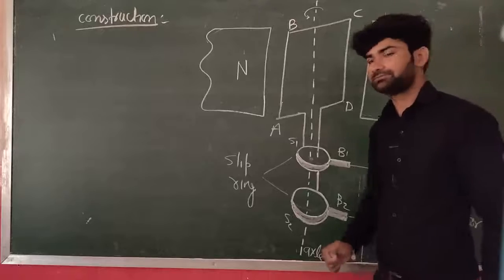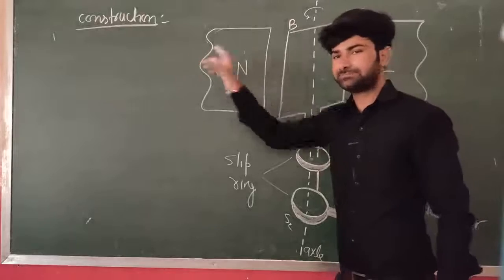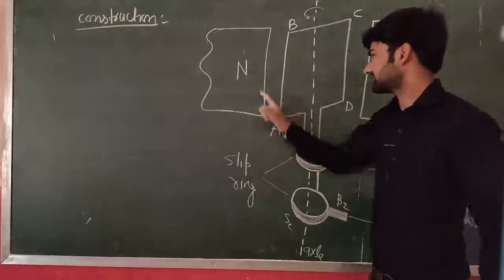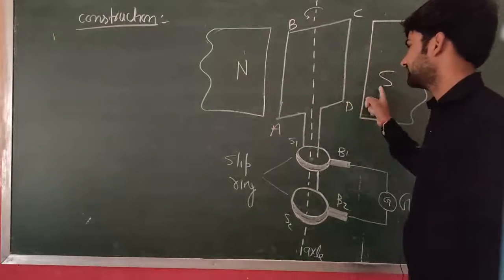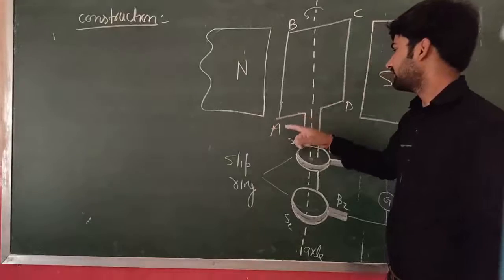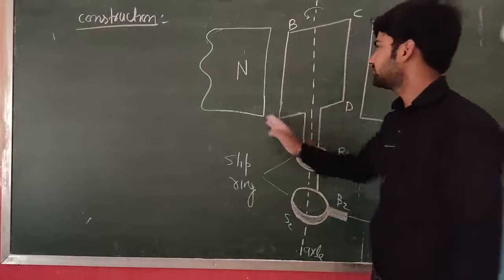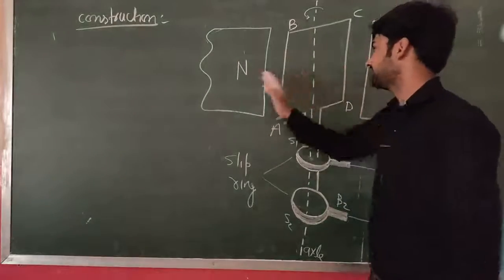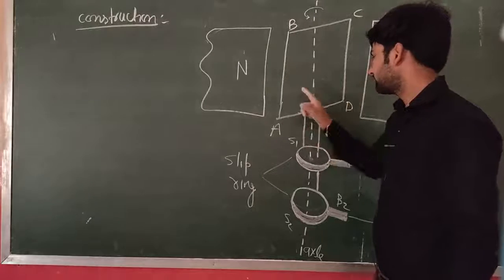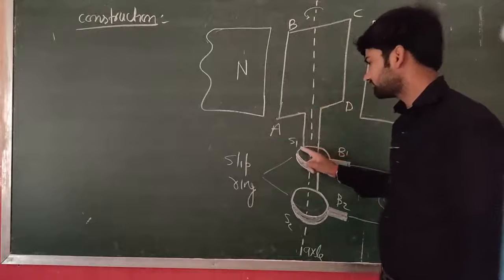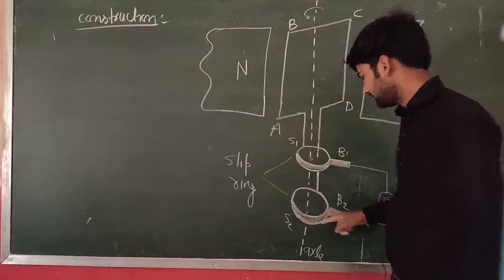Now its construction. This is the figure related to construction of AC generator. AC generator consists of two strong pole pieces of magnet N and S. A rectangular coil A, B, C, D of insulated copper wire is placed between strong pole pieces of magnet N and S. One end of rectangular coil is connected to slip ring S1 and another end is connected to slip ring S2.